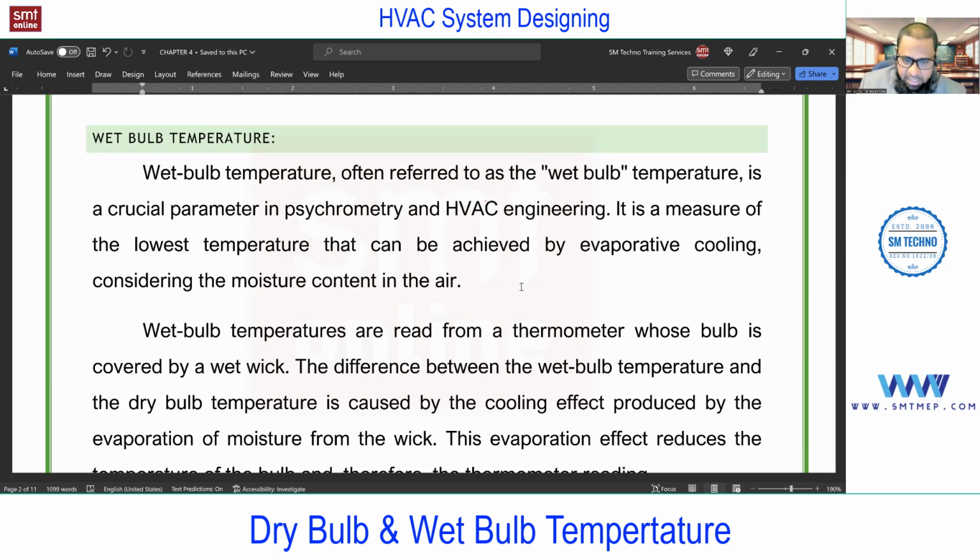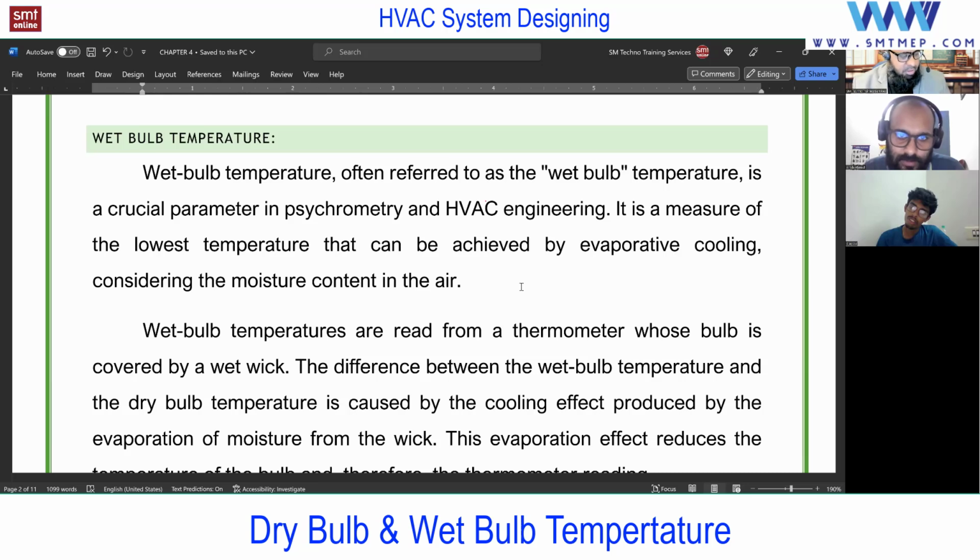It's a temperature taken by a thermometer with wet cotton on that bulb, and we are supplying air with a velocity of say 3 to 5 meters per second approximately. So what will happen? For example, just watch this in the video. Assume that again this is the thermometer, and assume that this is a wet cotton or a wet cloth.